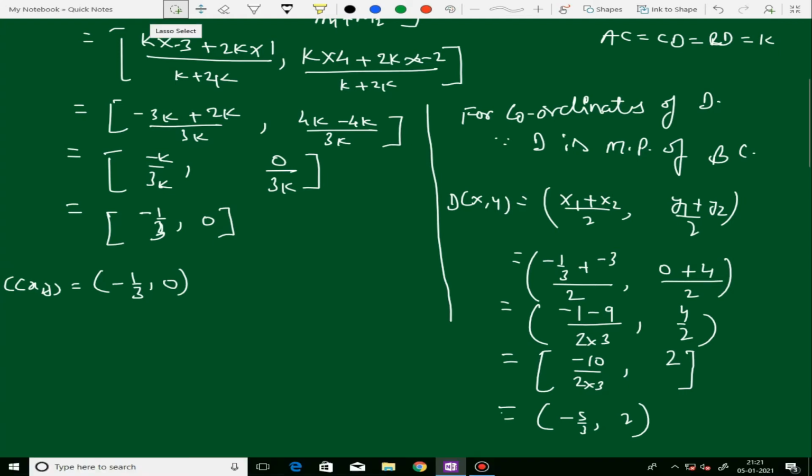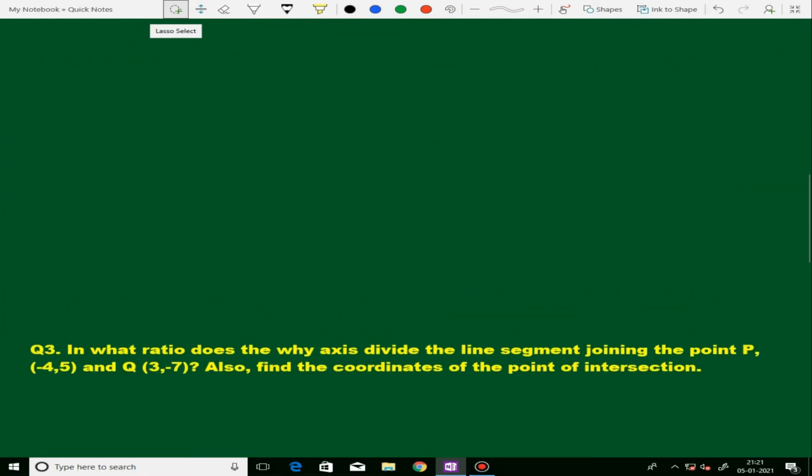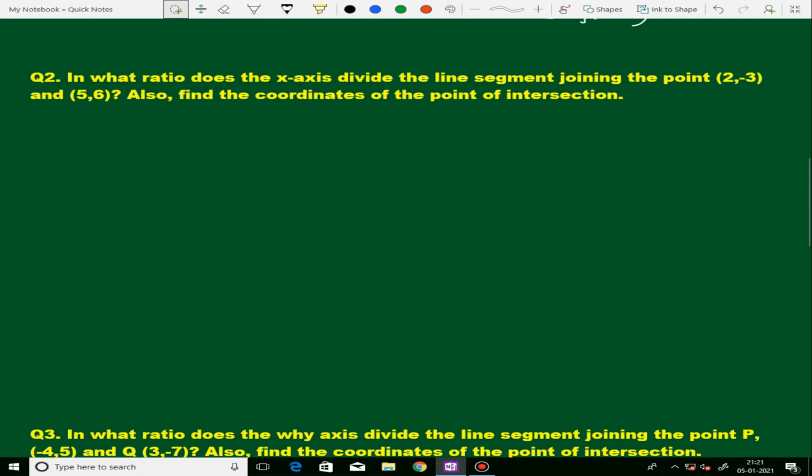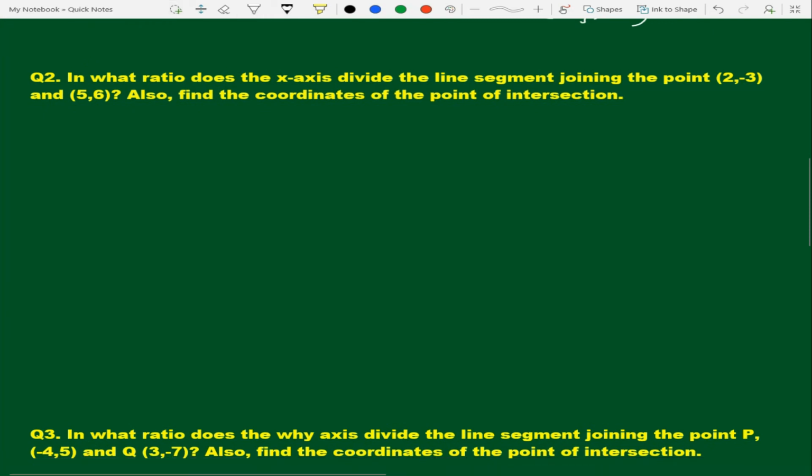Now our next question is, in what ratio does the x-axis divide the line segment joining the points (2, -3) and (5, 6)? Also find the coordinates of the point of intersection.